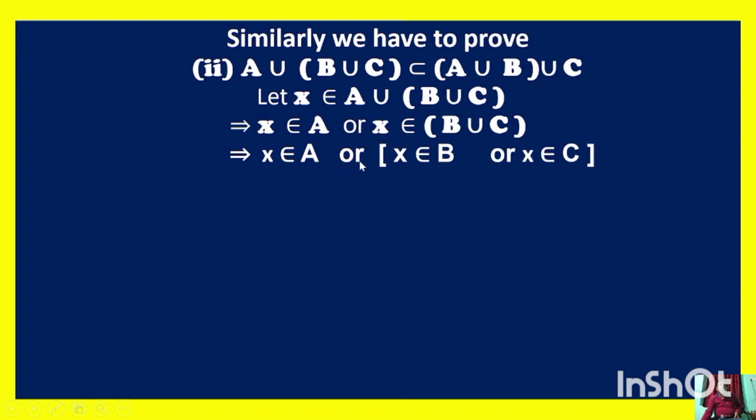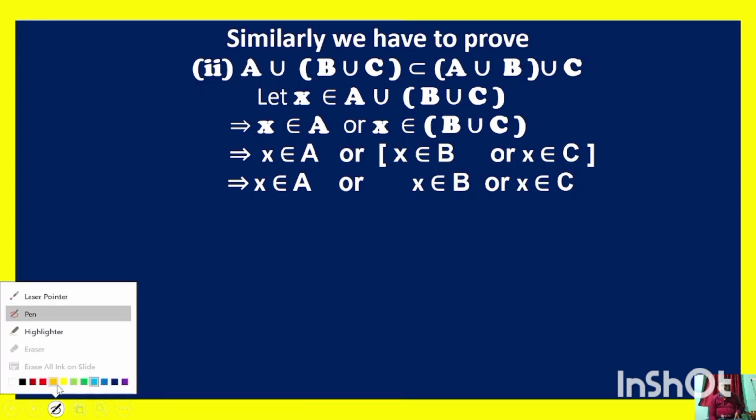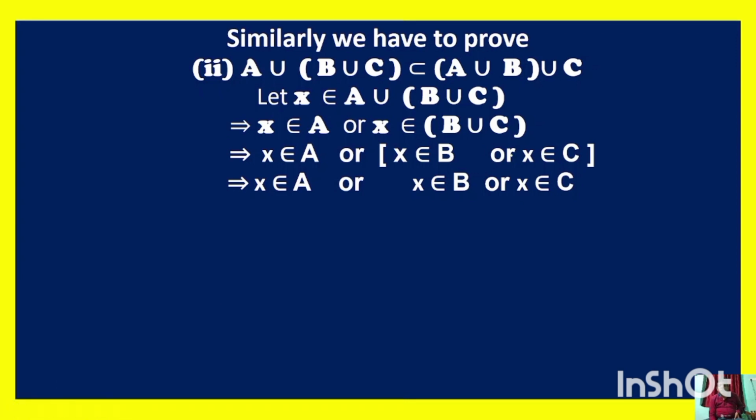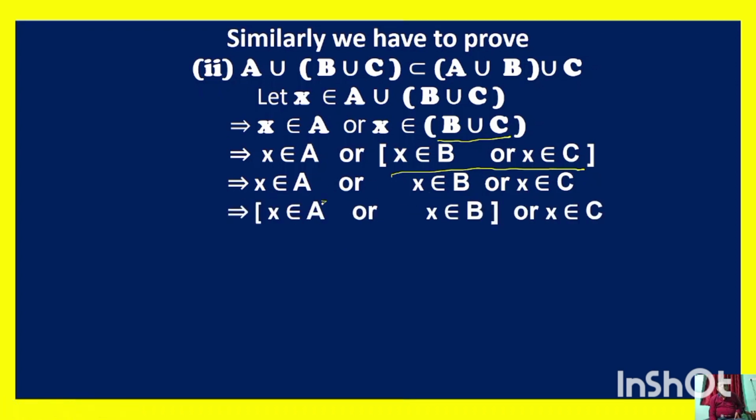Because B union C means X belongs to B or X belongs to C. If you remove the bracket, you get X belongs to A or X belongs to B or X belongs to C. Then you have to rearrange this one. After rearranging, you get X belongs to A or X belongs to B, or X belongs to C.